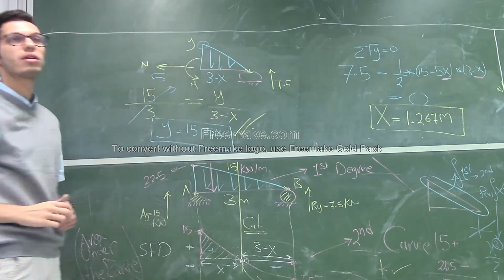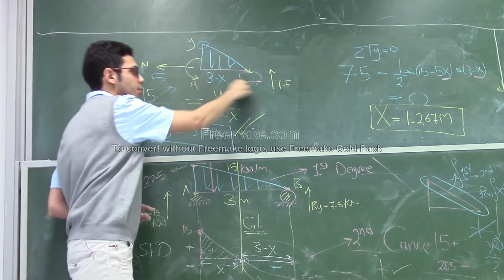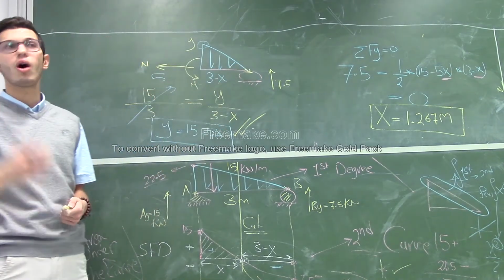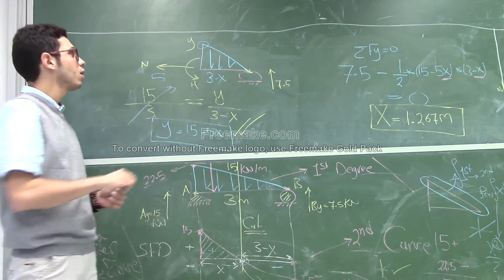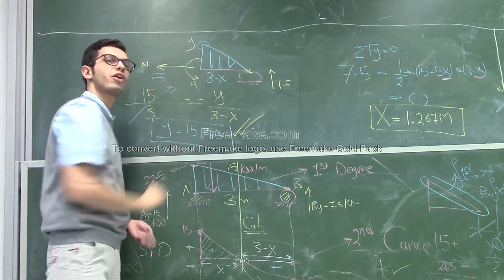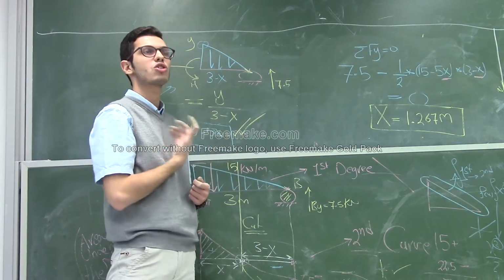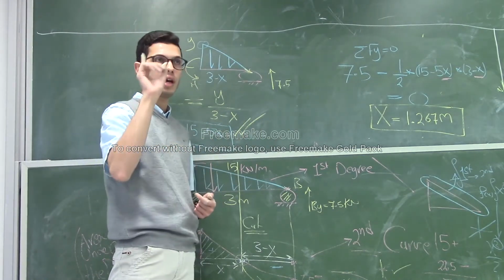I made this cut. This distance was 3 minus x. But the value for this triangle is unknown, so I call it y. Now, let's find y in terms of x, because I don't want two unknowns, y and x. I just want one unknown, which is x.